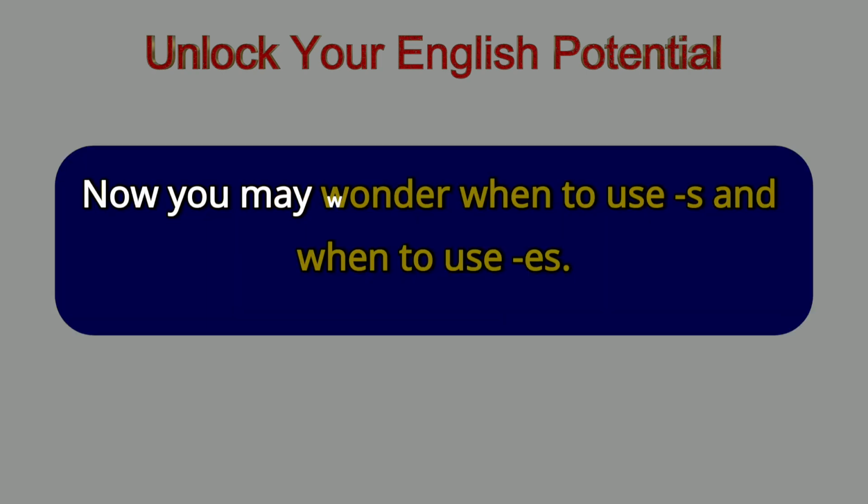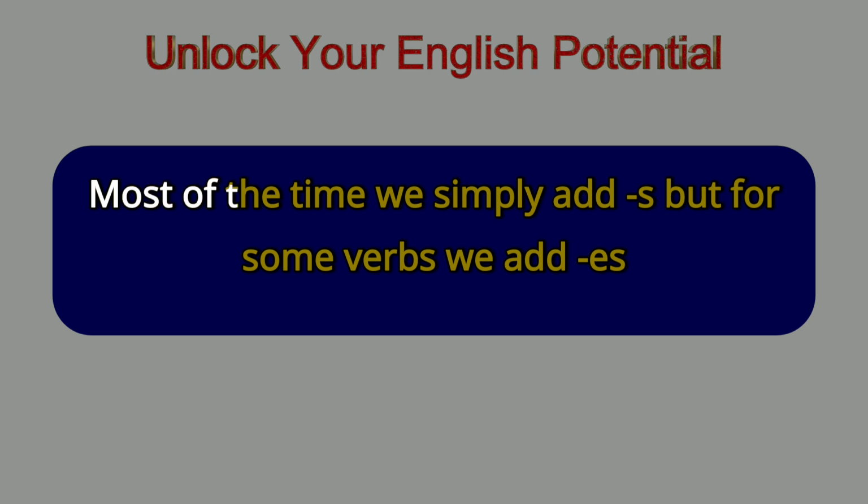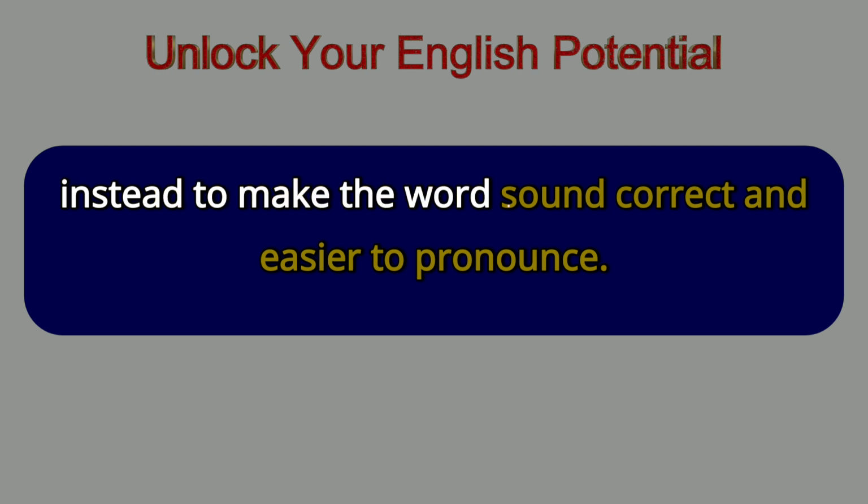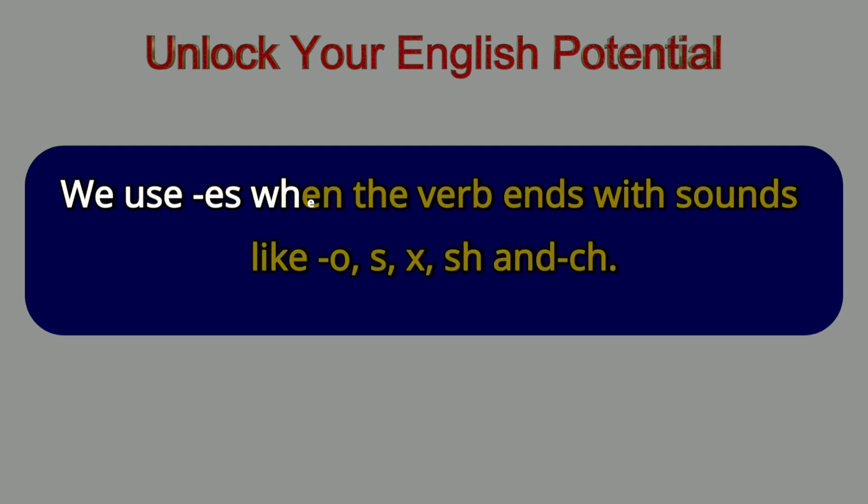Now you may wonder when to use s and when to use es. Most of the time we simply add s, but for some verbs we add es instead to make the words sound correct and easier to pronounce. We use es when the verb ends with sounds like o, ch, s, and x.